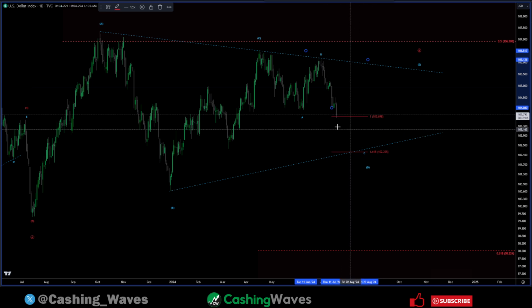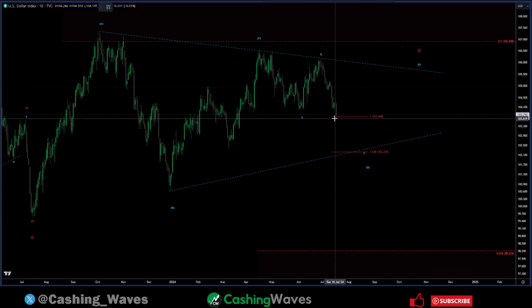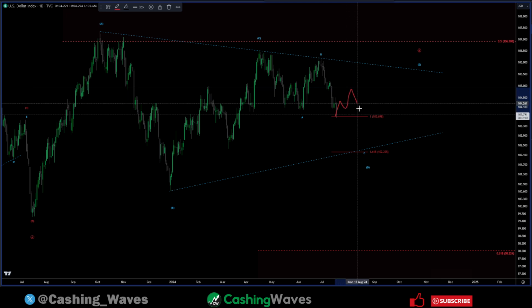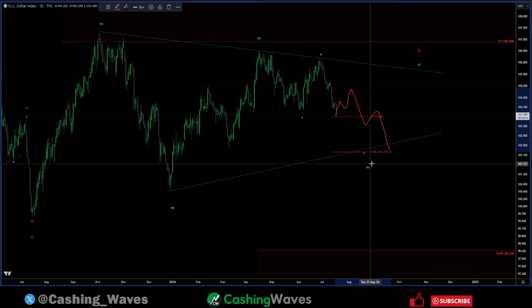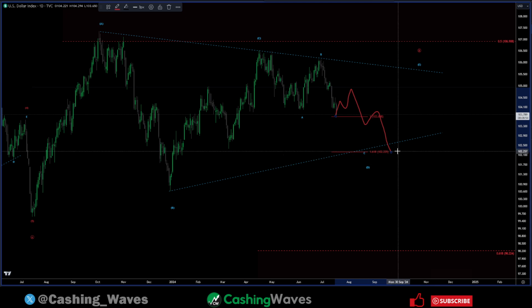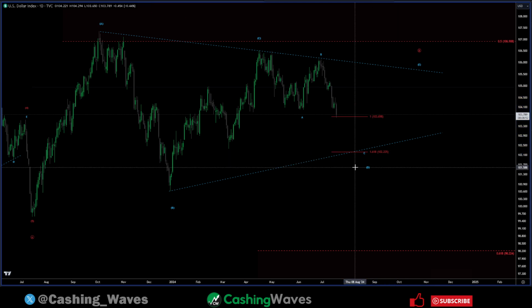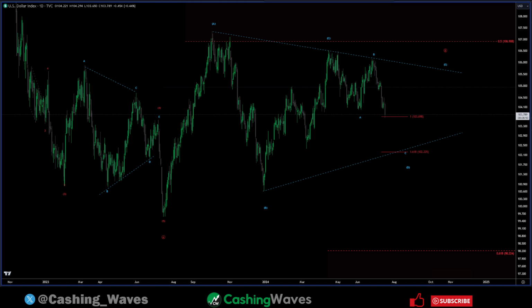We're already at the 1-to-1. If we do get a little bit of retrace here, this might actually turn into a double zigzag, and our D wave just moves over a little bit in time. It just took a little more time.